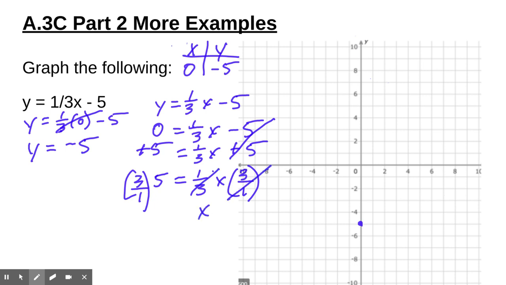So we have our x equals 15. x is 15. It's going to go way over there on that side. So the line would go out like that. Okay. Moving along better. Let's keep going.